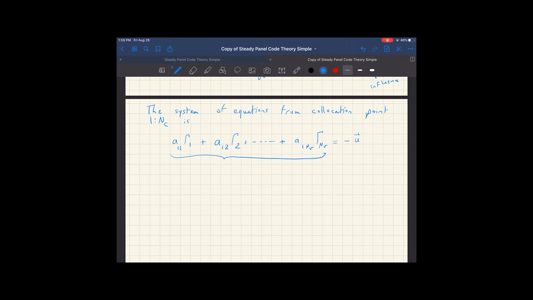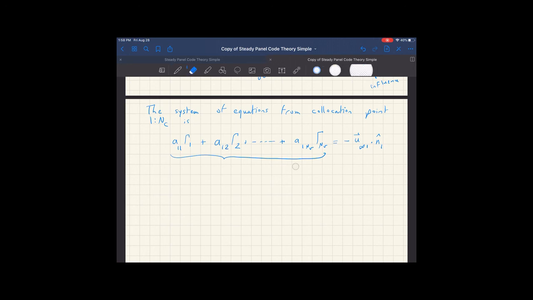So it's the free stream vector that is normal to the collocation point number 1, so that's why I have a 1 here, dotted with the normal unit vector at the first collocation point.